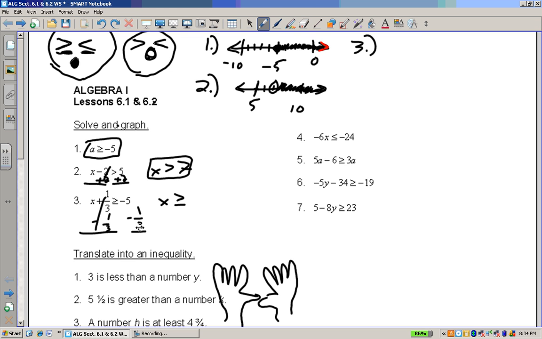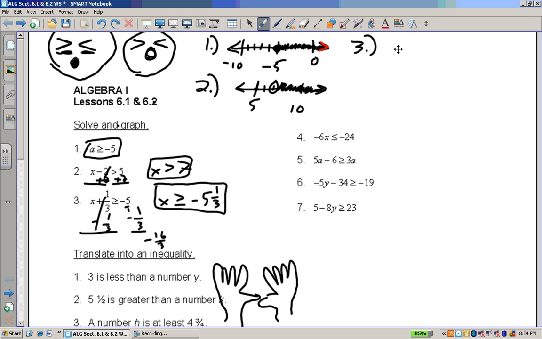They're both negative, so they join, and we get negative 5 and 1/3. You could change negative 5 over 1 to negative 15/3. Negative 15/3 plus negative 1/3 would be negative 16/3, and transfer that back into mixed number form. Either way, we get x is greater than or equal to negative 5 and 1/3.